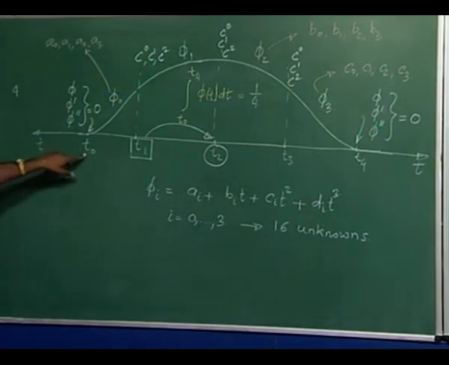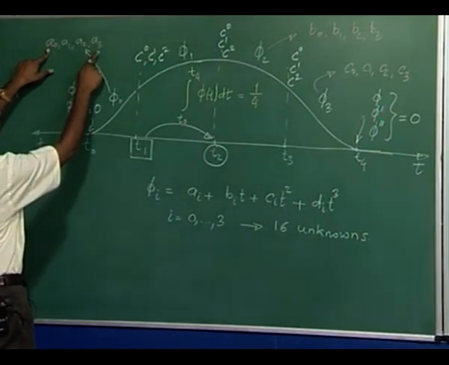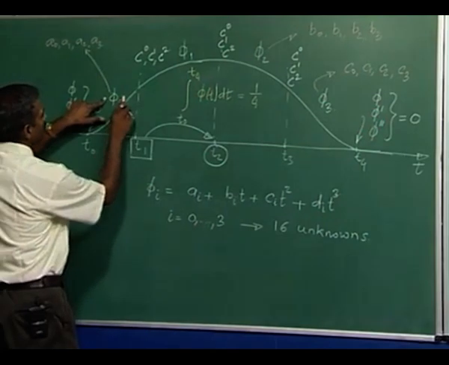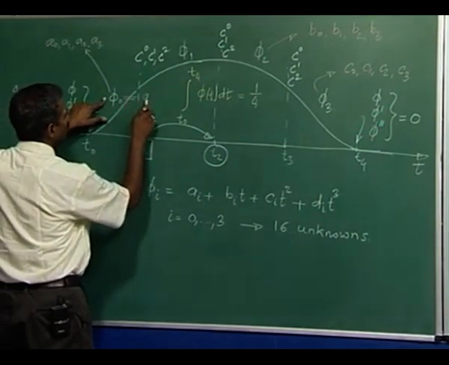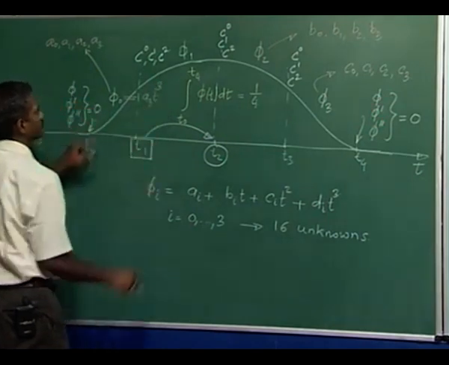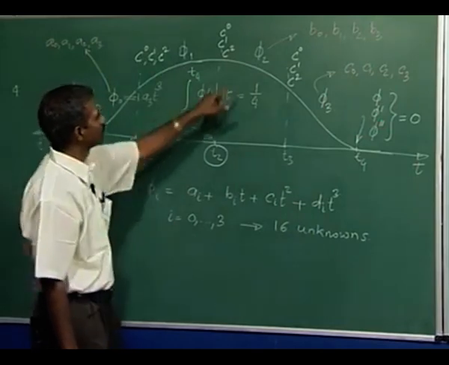Let me start from T0. These three conditions will allow us to express any of these three coefficients in terms of the fourth one. In fact, phi 0 will be equal to a3 t cubed. Let me ignore phi 1 for now and jump to phi 2.